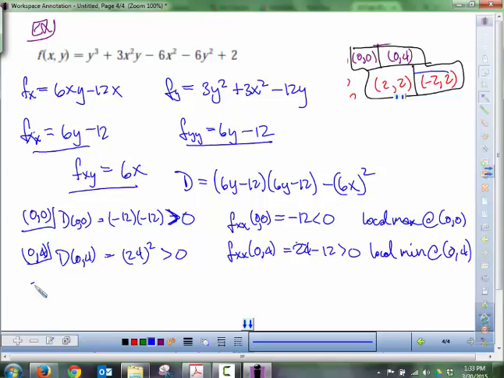All right, let's try 2, 2. So 2 in, we got 12 minus 12, 12 minus 12, that's 0 minus, and then this is going to be 144 or whatever. But the fact is that this has a negative in front of it, and so this is a saddle point.